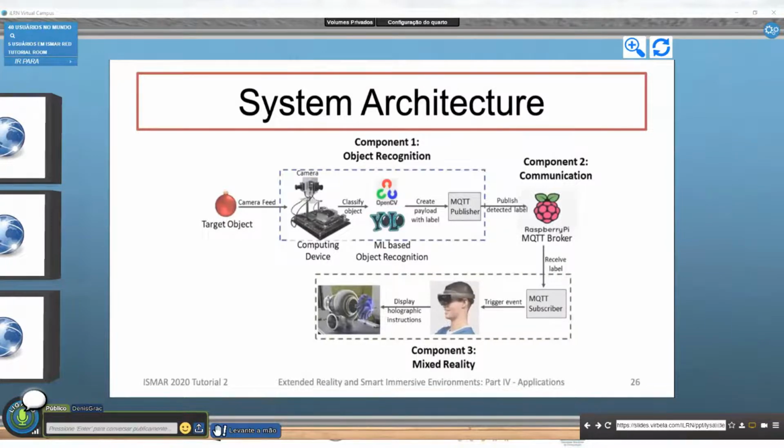is such that it uses computer vision and a corresponding computing device to provide machine learning based object recognition that will identify objects and provide a corresponding label, which then, using again MQTT, as we talked about in integration bridging between Internet of Things and extended reality, will publish to the broker.